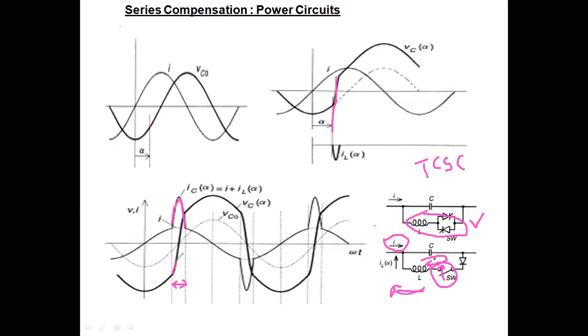For example, here the negative voltage becomes positive, and here the positive voltage becomes negative. In subsequent positive and negative cycles, it will turn on, and it will change the voltage, positive to negative or negative to positive. That is what we need.